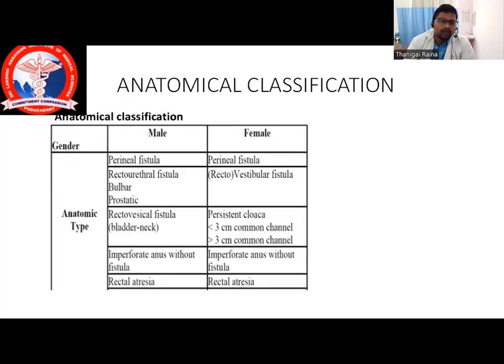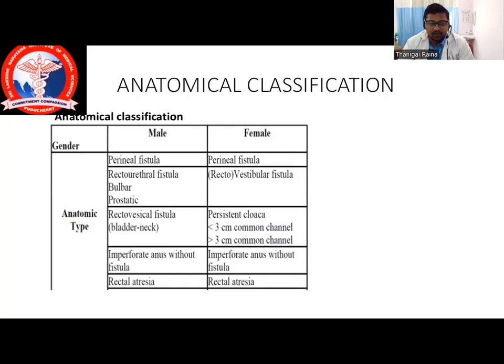Coming to the anatomical classification. The anatomical type depends upon male and female. Perineal fistula is common in both male and female babies. Coming to rectourethral fistula, that is bulbar or prostatic fistula, but in females only rectovestibular fistula, one type, is there. Second one is rectovesical fistula, that is bladder neck.